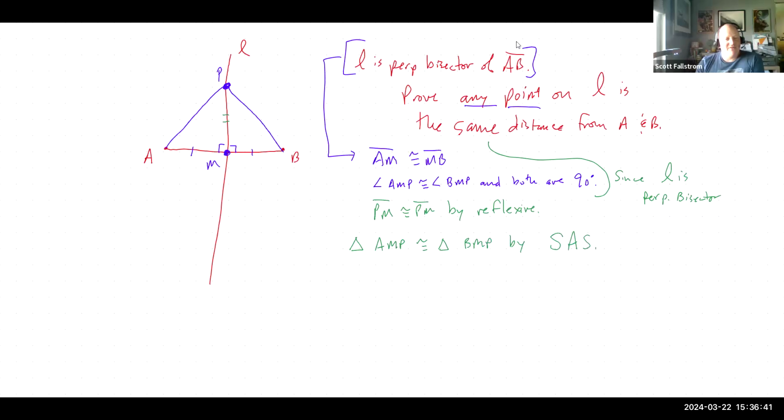What does that mean? It means corresponding pieces like AP have to be congruent to BP by CPCTC. So P is the same distance from A and B, and that is what we wanted to prove.